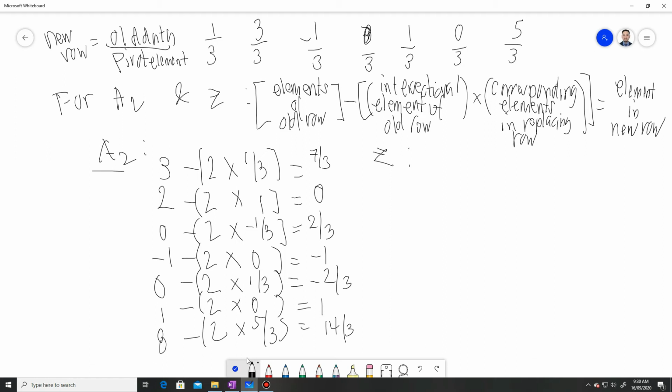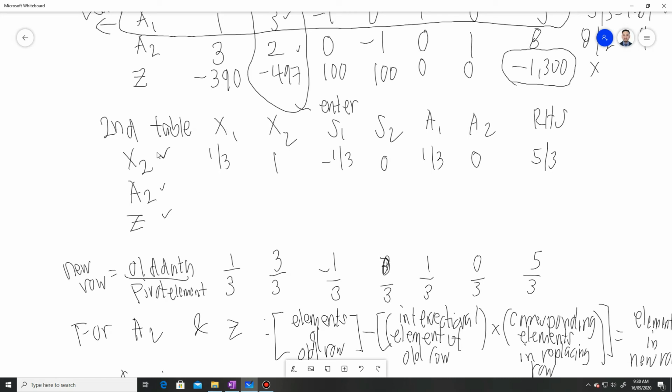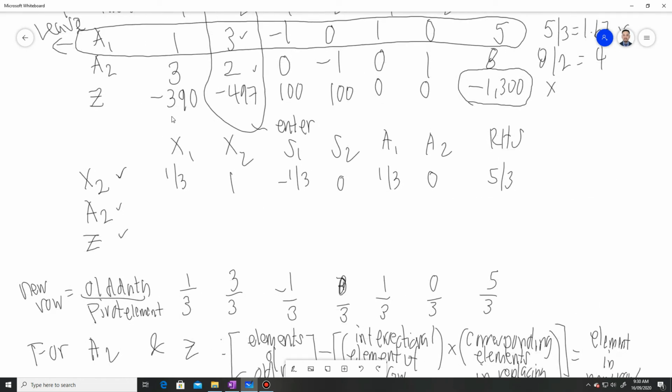Okay, for the new z, we will do a similar formula. We will get the elements of the old row, which are negative 390 and so on.